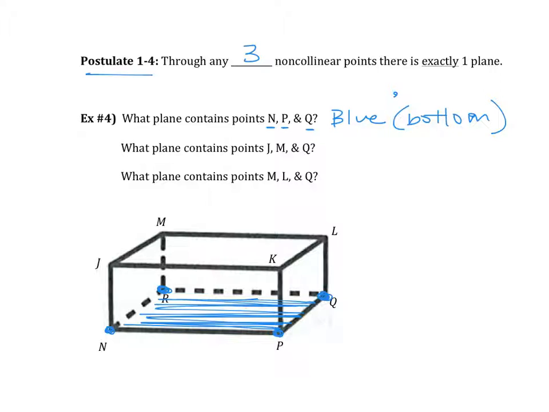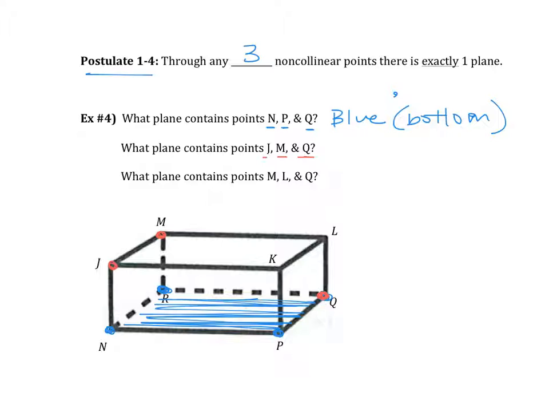It says, what plane contains J, M, and Q? So here's J, here's M, and Q is down here. So this one isn't a front, back, top, bottom, left, or right. This one cuts through the figure. Can you tell me what the 4th point in this picture that would be included would be?